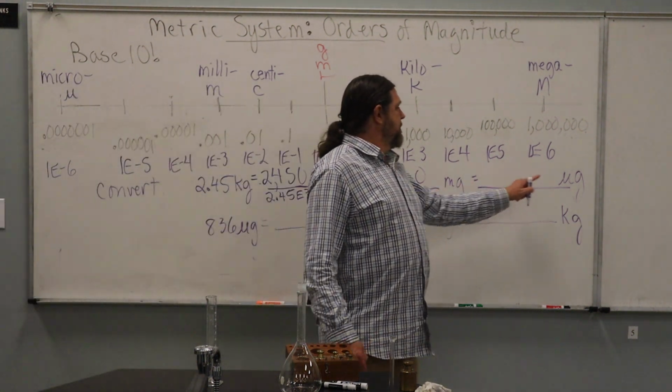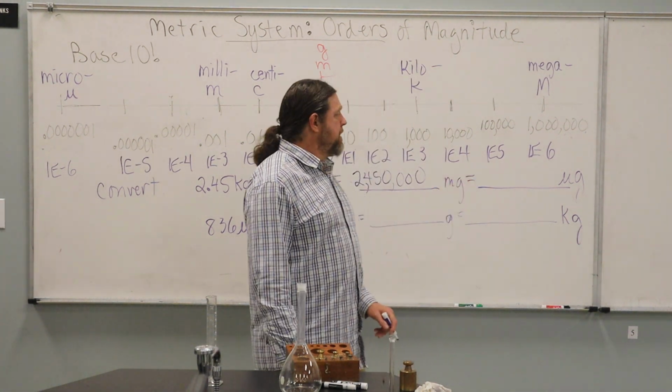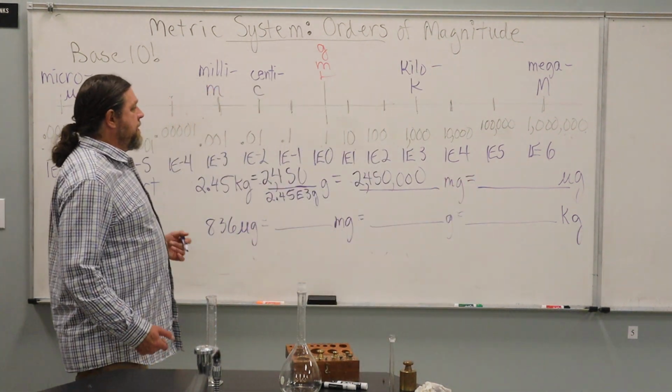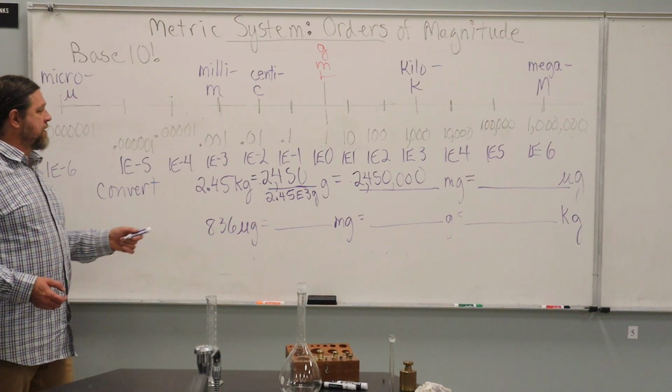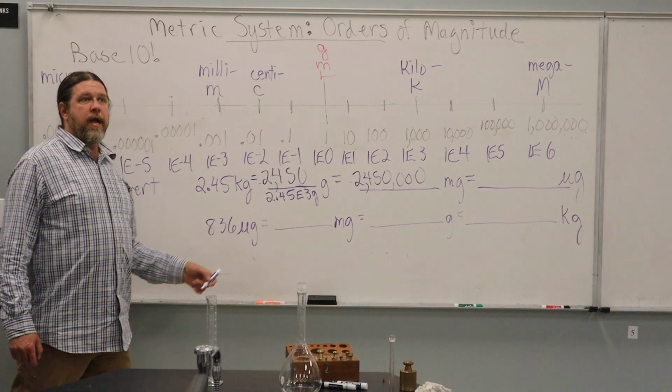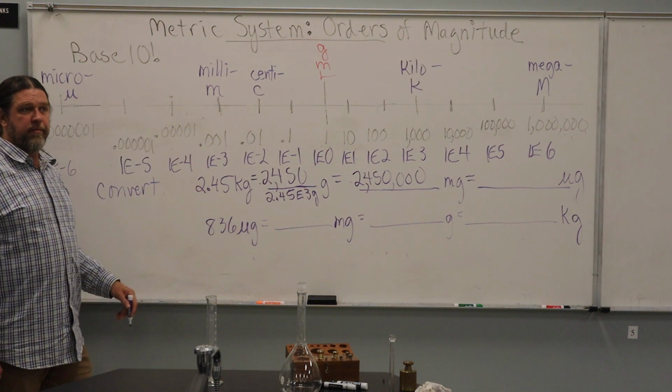Notice how I'm drawing the milli symbol and the micro symbol differently. Micro means millionths of a base value. That's millionths of a gram. But remember, we're going all the way back from kilograms.